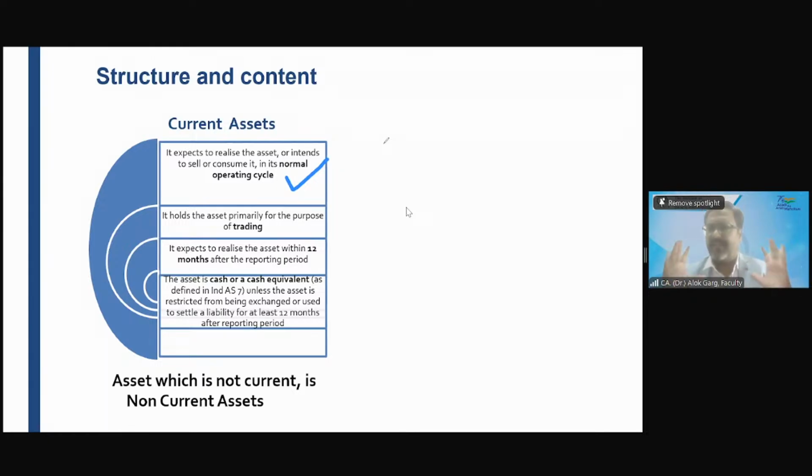I'm talking about average period, right? So what is the name of this 18 months? Operating cycle period. This is known as an operating cycle. Operating cycle is a cycle in which the money is converted into money, in which the cash revolves into a cash.